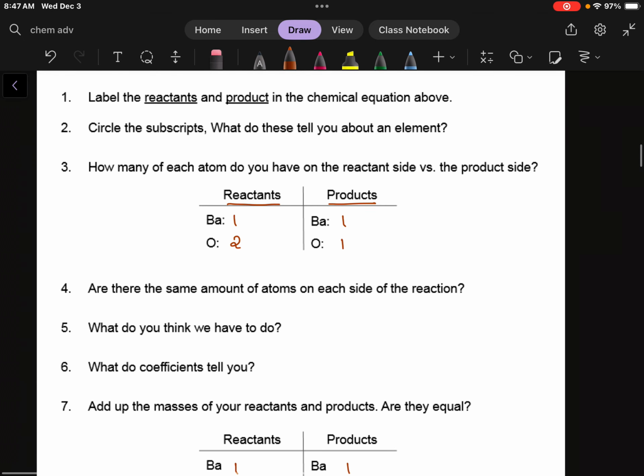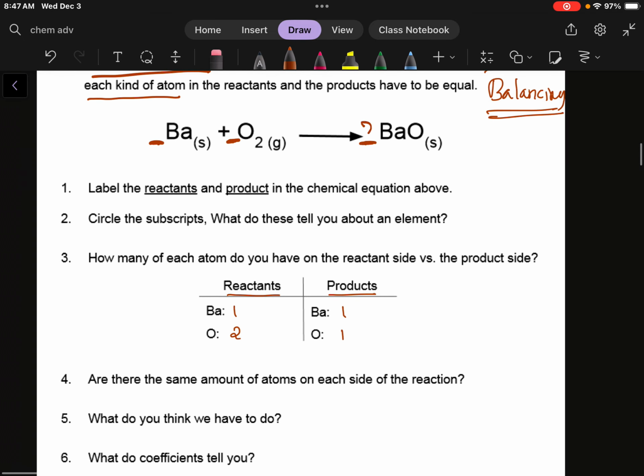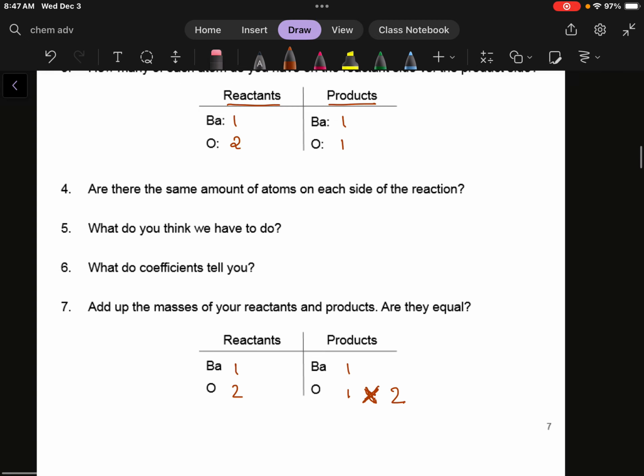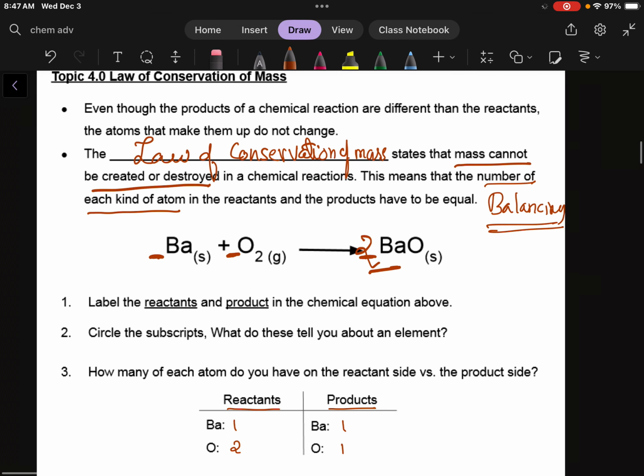So if you multiply this with the 2, what happened? Oxygen is equal now. What happened to the barium? Barium became 2. So we have to make the left-hand side the same number, okay? So I'm going to multiply that with what? 2. Because barium needed 2, so I multiplied that with the 2.